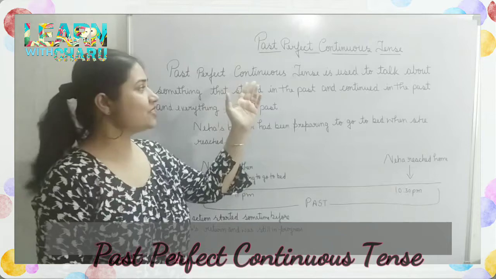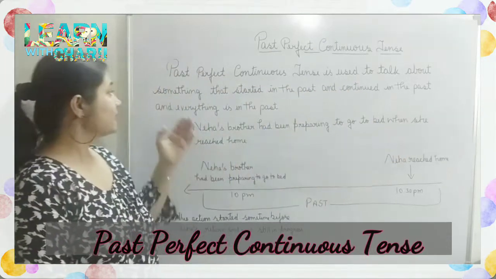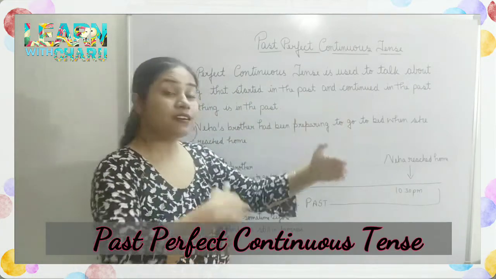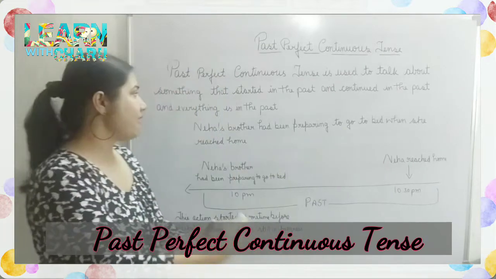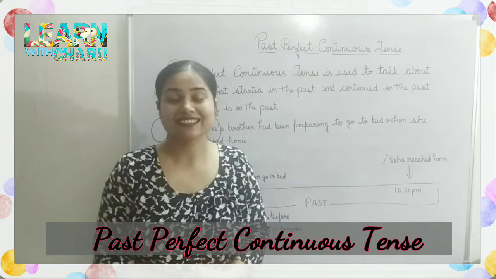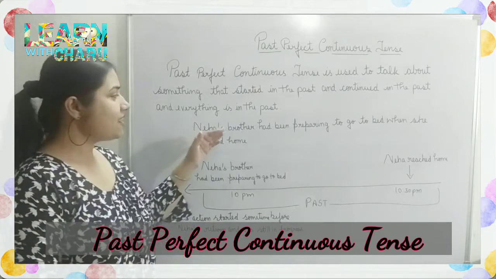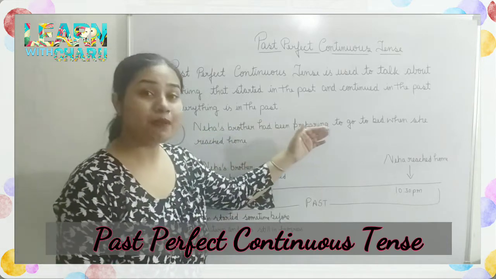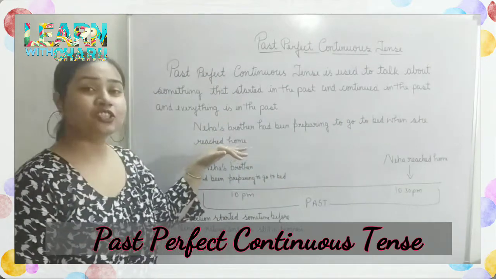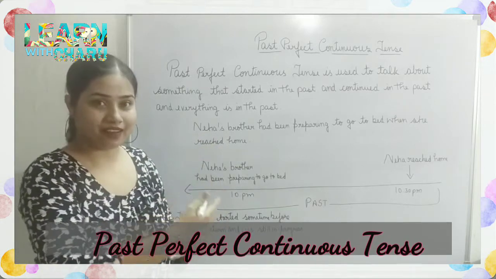Past perfect continuous tense is used to talk about something that started in the past and continued in the past, and everything is in the past. Yes. Look at this example. Neha's brother had been preparing to go to bed when she reached home.